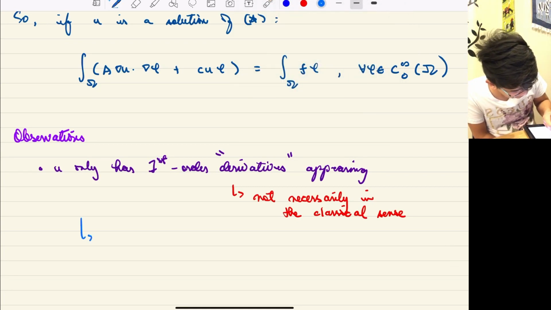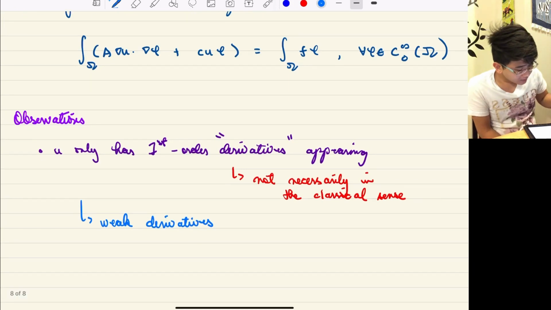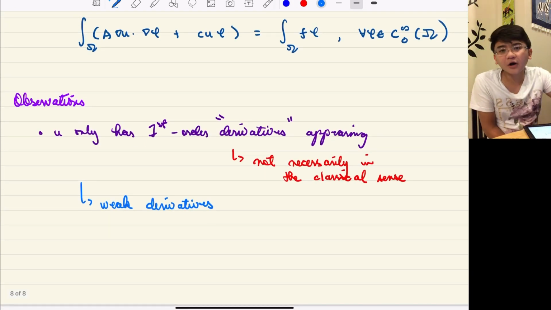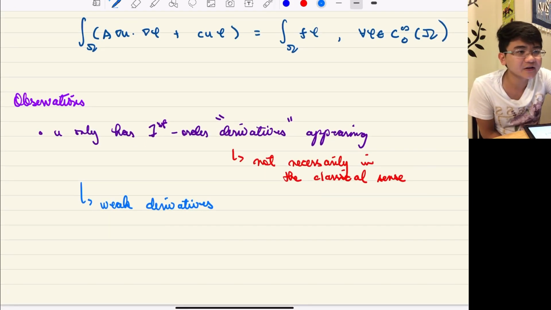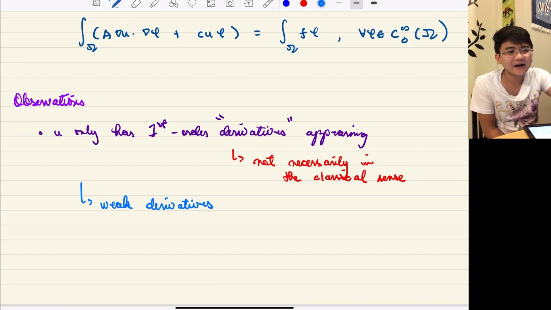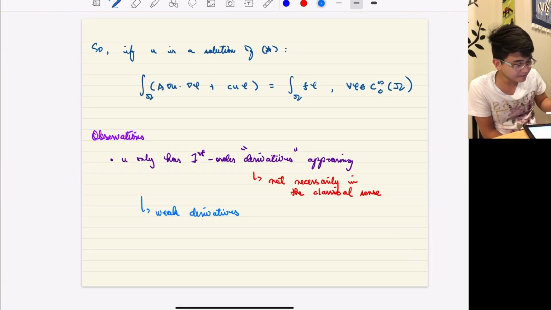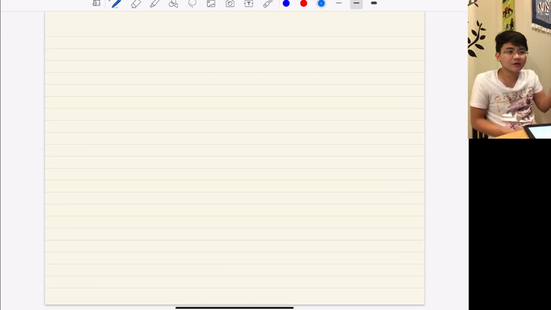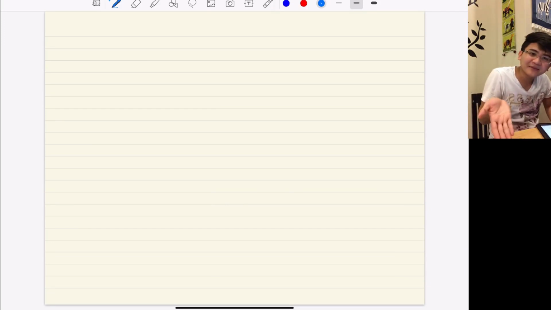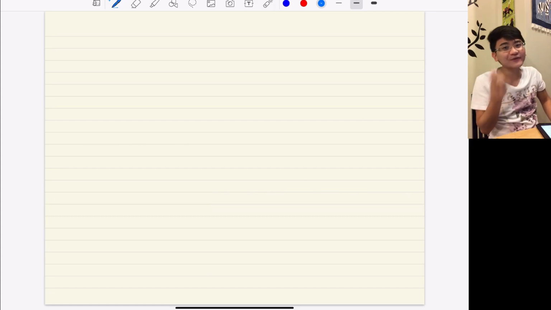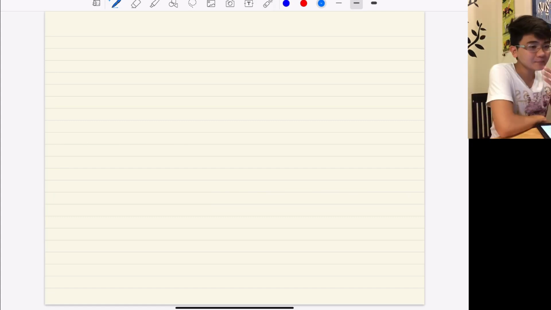So even if u only has weak derivatives. Okay, so what are weak derivatives? This is going to be a very brief intro as to what weak derivatives are. And since we're looking at second order elliptic PDEs, we're only going to be looking at first order weak derivatives.